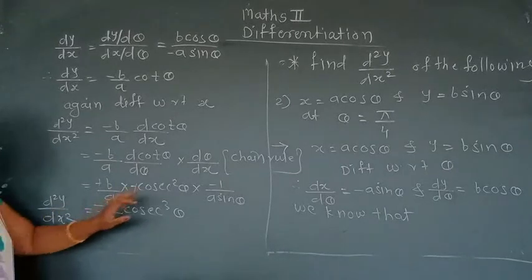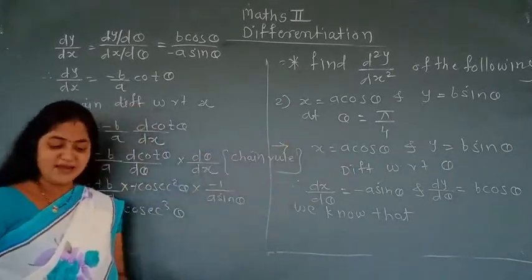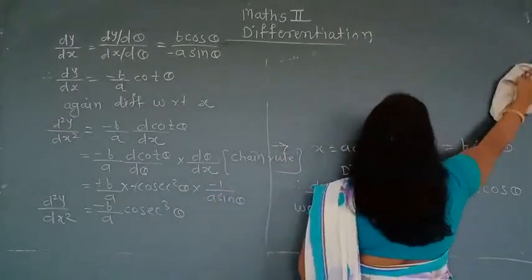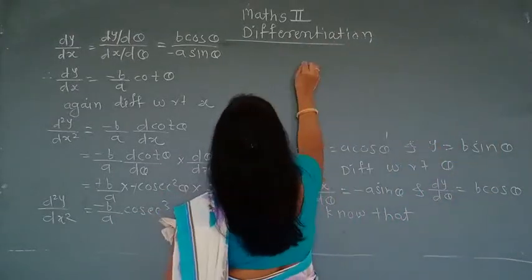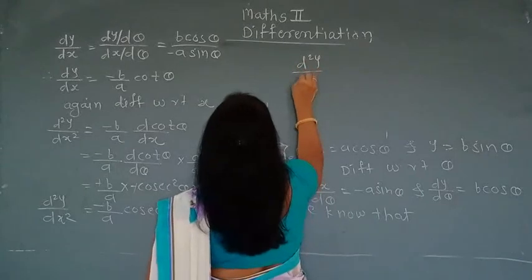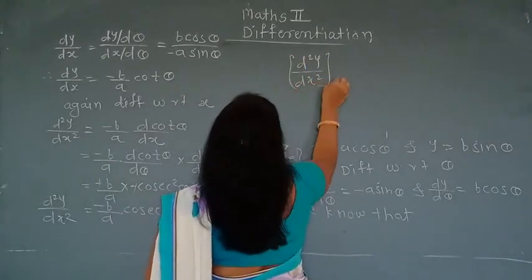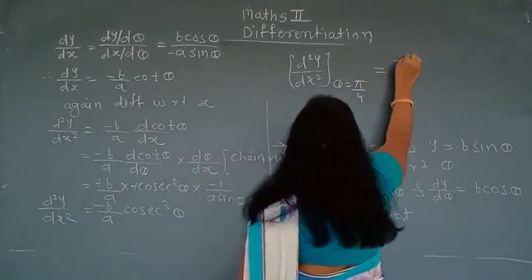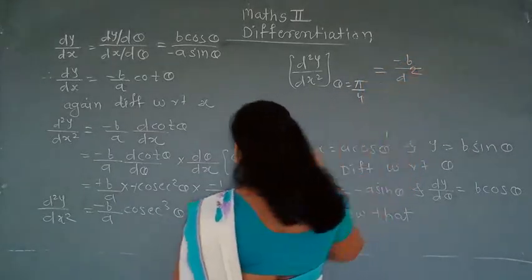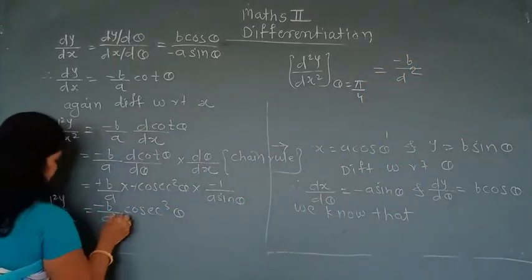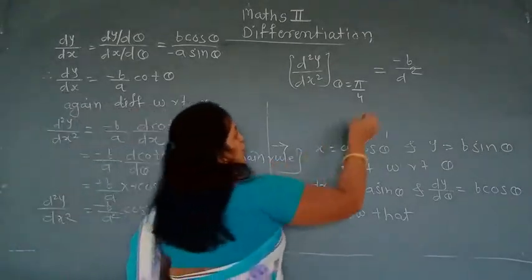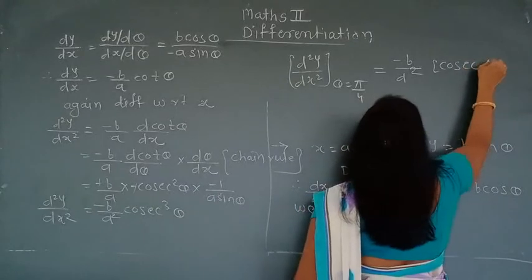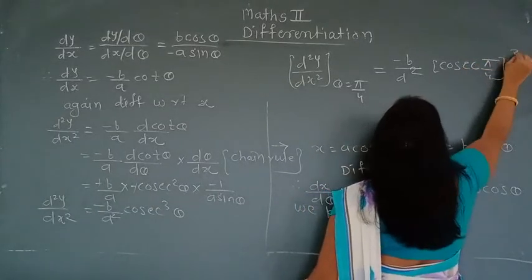But I want the answer when theta is equal to pi by 4. So substituting theta is equal to pi by 4, the double derivative of y with respect to x square when theta is equal to pi by 4 is equal to minus b upon a square multiplied by cosec pi by 4 raised to the power 3.